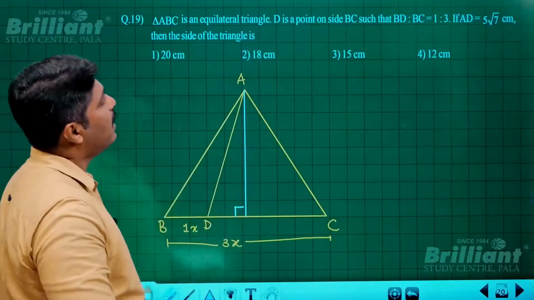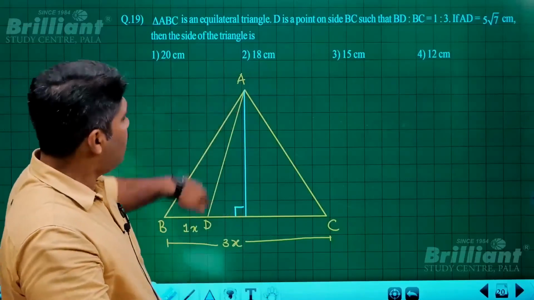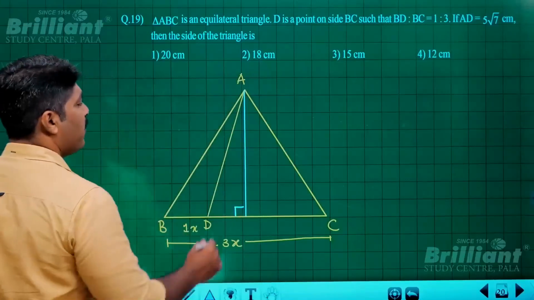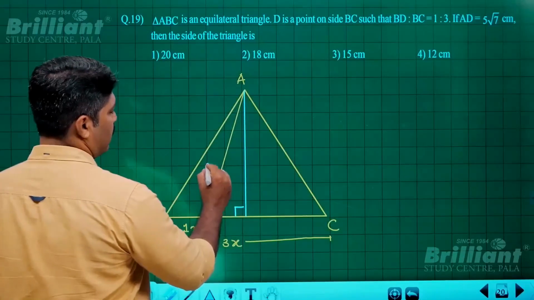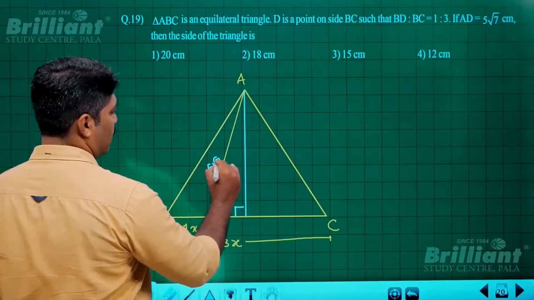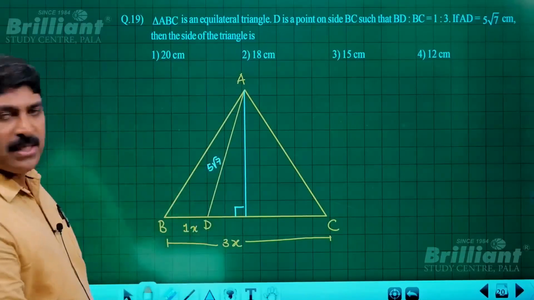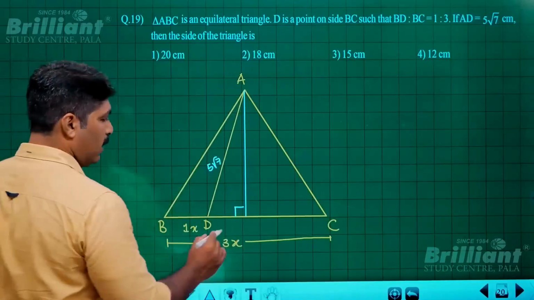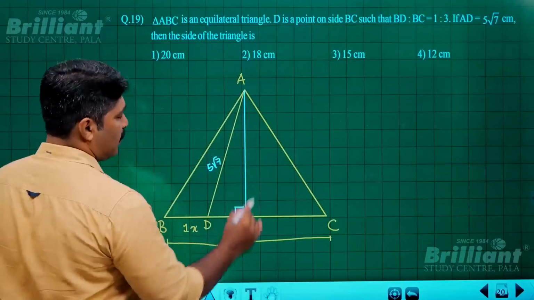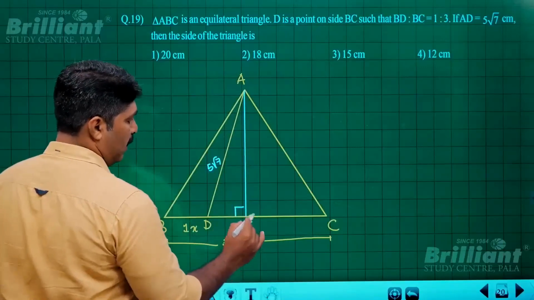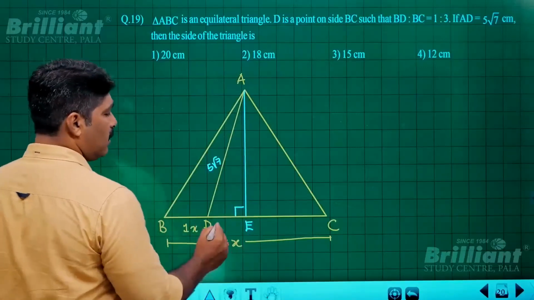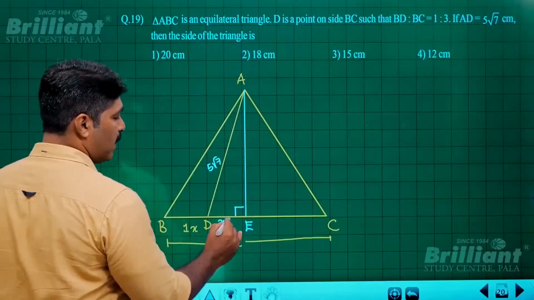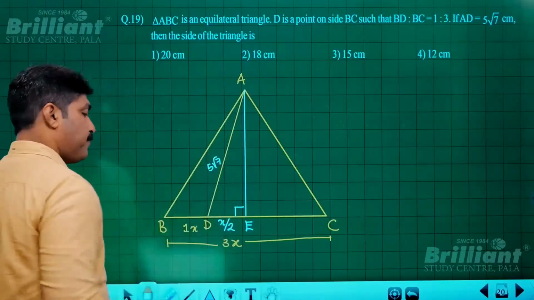And it is given that the line segment AD is 5 root 7. So what is this width? That portion I just named DE, and this DE is 0.5x, that is equal to x by 2.